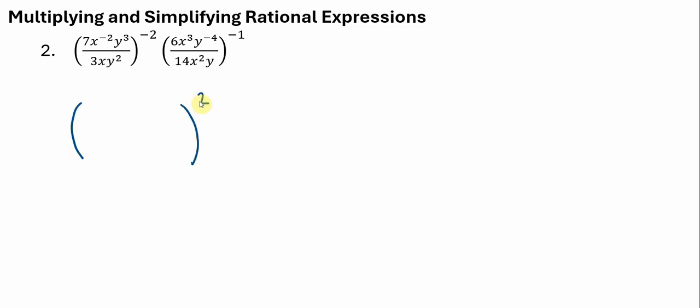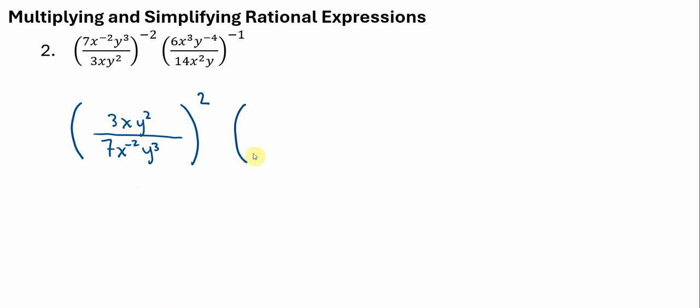So this is squared, and this is 7x to the -2 y to the positive 3. Oh, I'm sorry, that should be flipped. So 7x to the -2 y to the positive 3, and then 3x y squared.